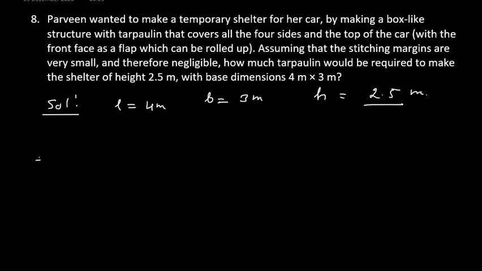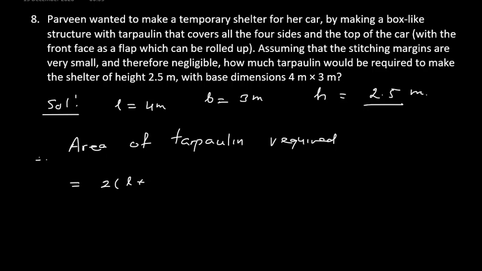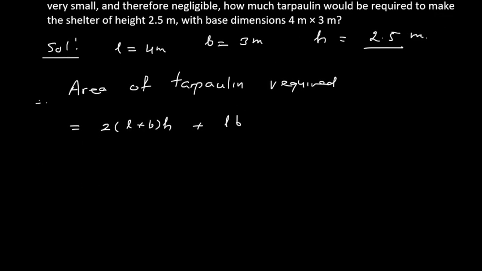So therefore I will say that the area of tarpaulin required will be equal to 2 times L plus B into H plus LB for the top. So this is equal to 2 times L plus B. Now length is 4 plus B is 3 into H is 2.5 plus 4 into 3.